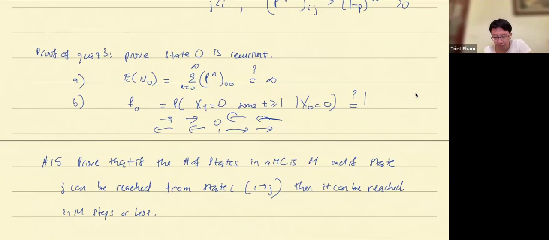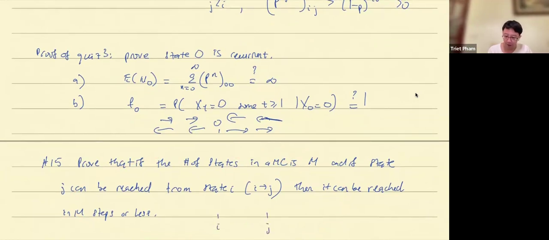So what is this question in and of itself? Well, it says that if you go from I to J, and you only have M steps to go through, and you do know that you can go from I to J, then clearly you don't need more than M steps. Why?